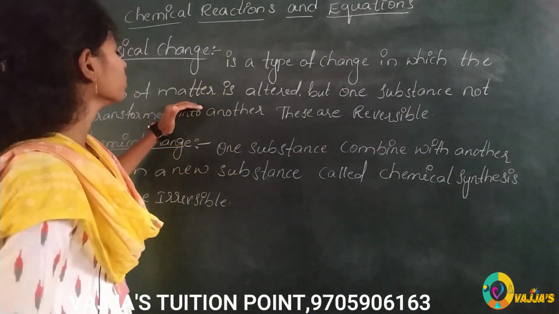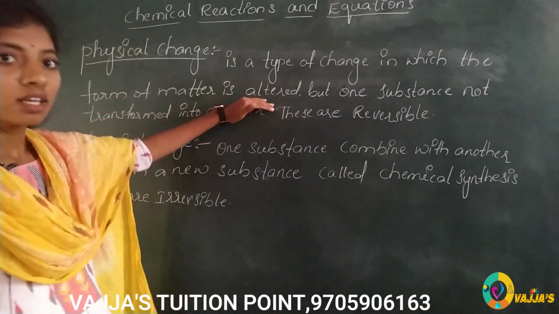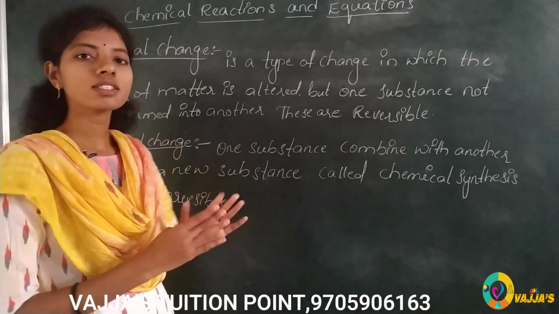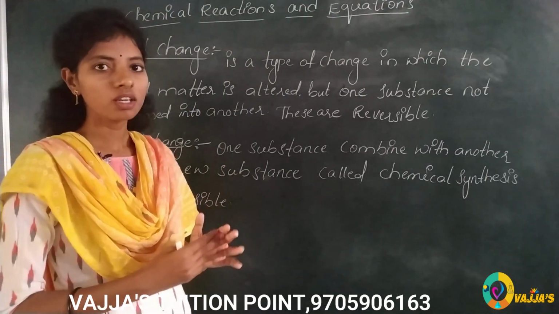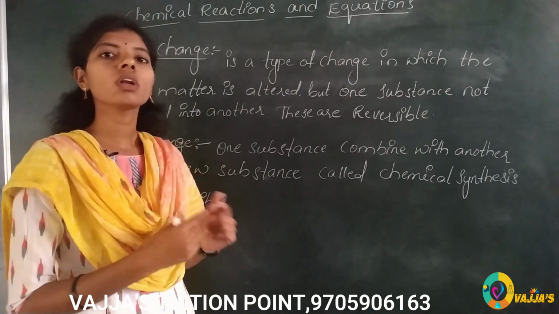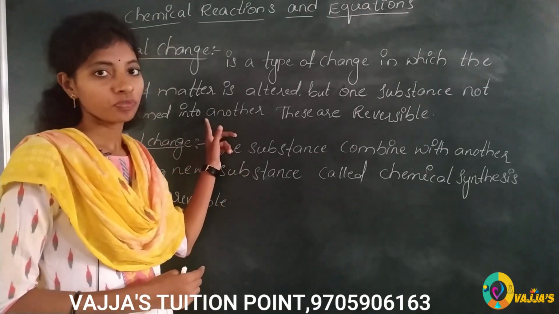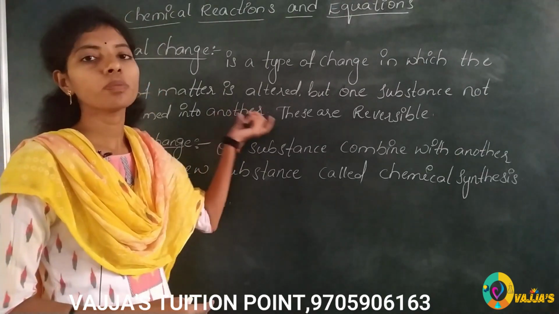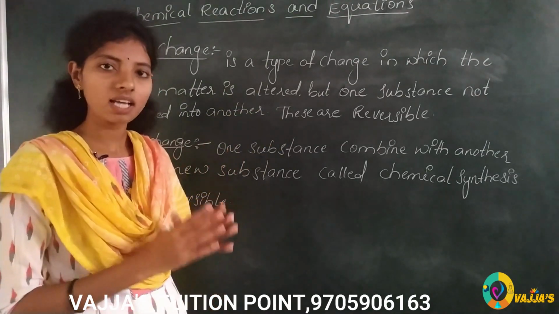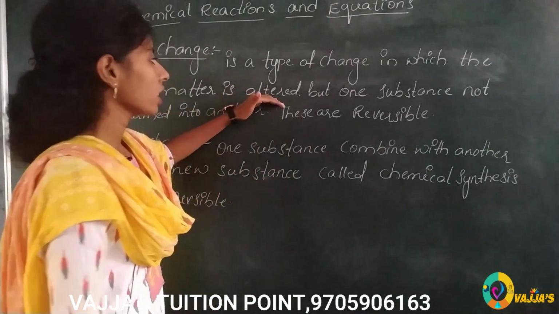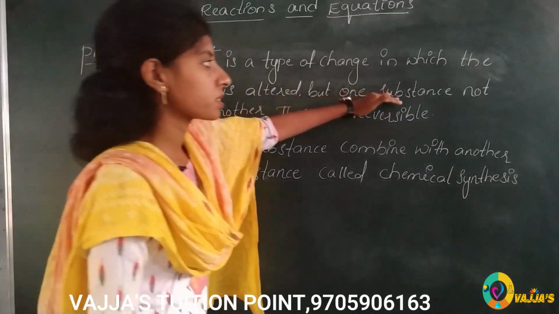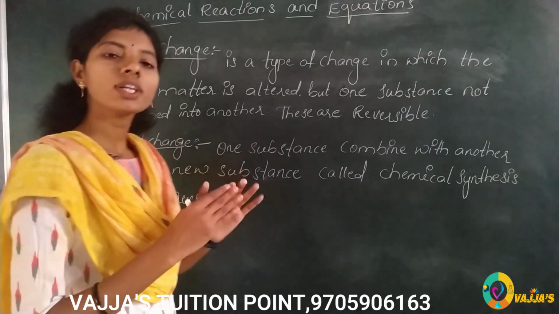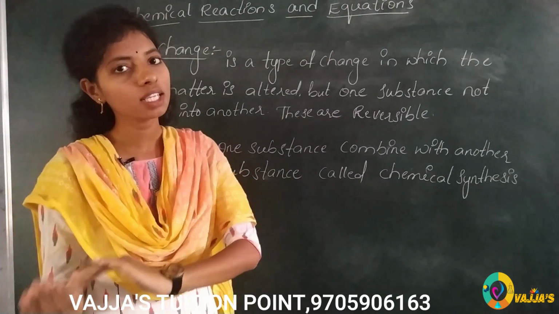Here the form of matter is altered, that is, the matter is changed. We know what is meant by matter. Matter is everything in this world, living things as well as non-living things. But the matter which has some mass and occupies some space, we call that matter. Here it is changed, but one substance is not transformed into another. It is not transformed into a completely different substance.